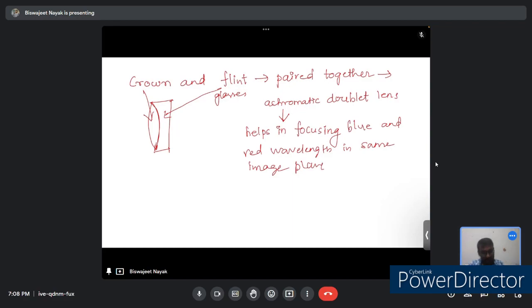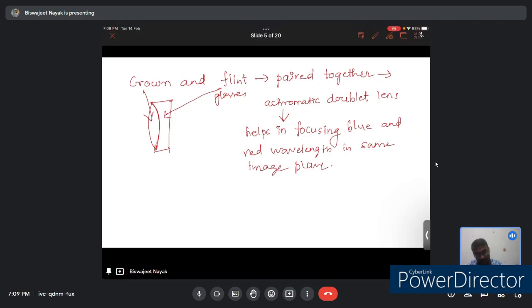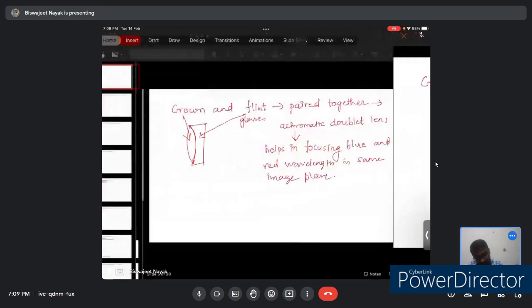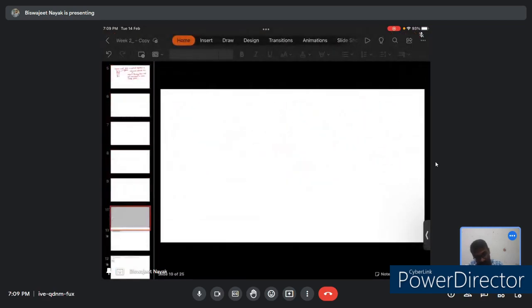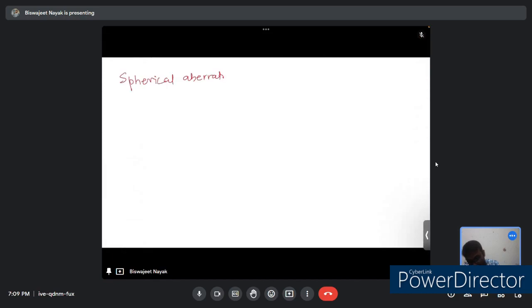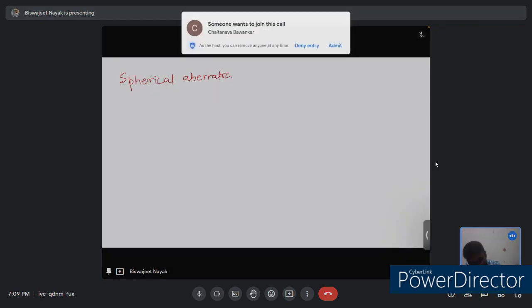Now the next aberration is spherical aberration. In spherical aberration, as most of the lenses which we consider are spherical in nature, it's very difficult to avoid this one.